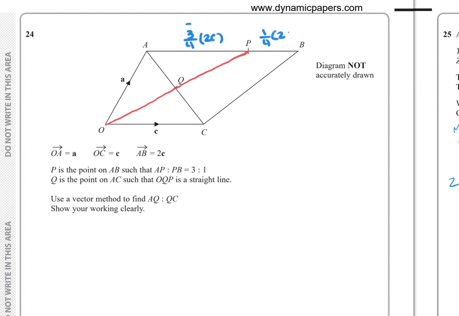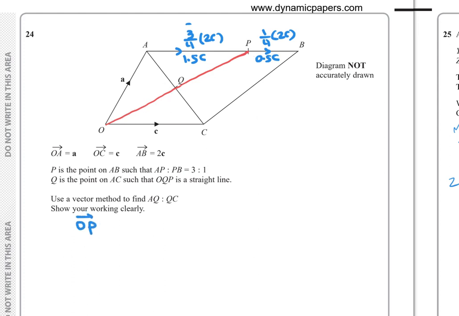So this part, 3 over 4 times 2c, which is 1.5c. And this 1 over 4 times 2c, which is 0.5c. So AB is 1.5c and BB is 0.5c. Now we can find OB.